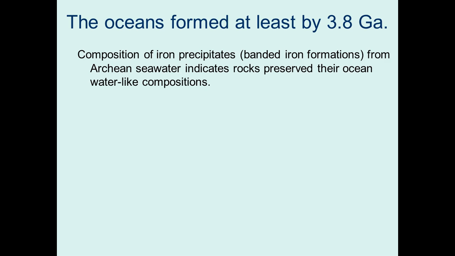The composition of banded iron formations that are formed from the precipitation of iron from seawater in the Archean indicates that the rocks preserved their ocean water-like compositions during this time. So we know then that water must have existed on the planet as early as 3.8 billion years ago.